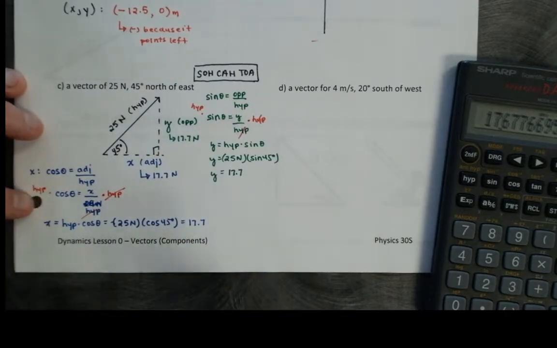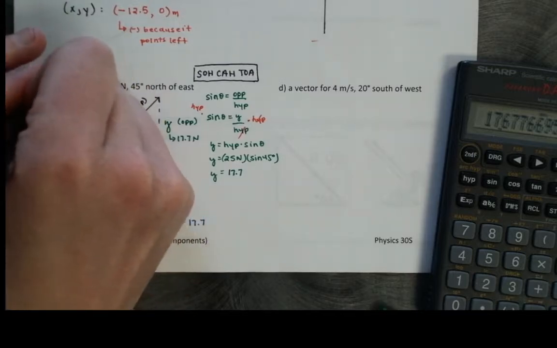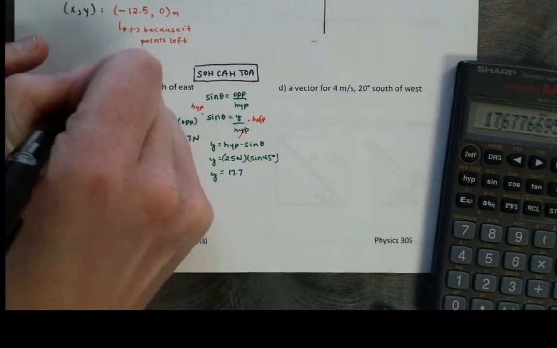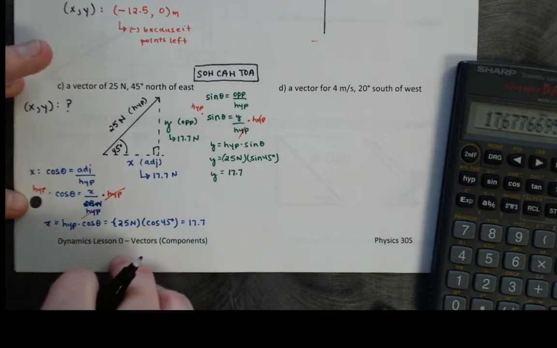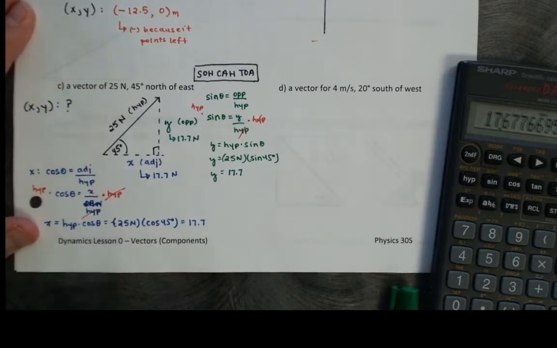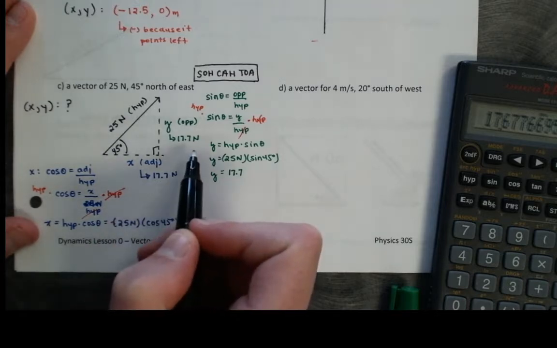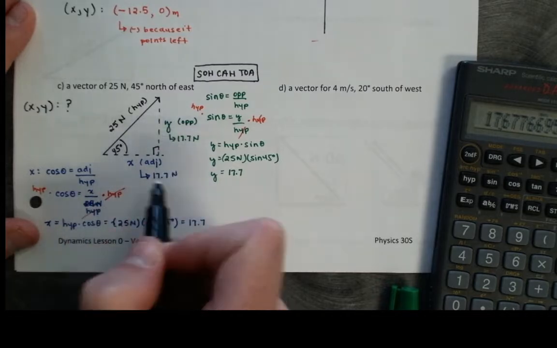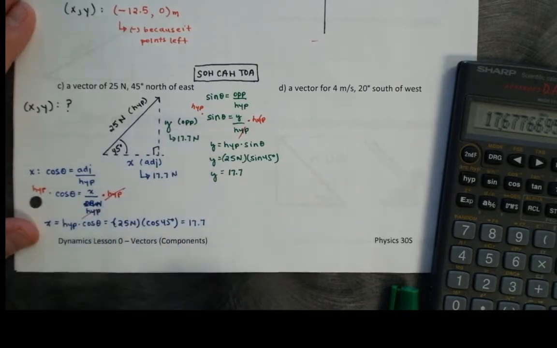Okay, so what we've done, x and y were hard to find in this case. We had to do trig to find our x and our y. Now we found that our x is 17.7 and our y is 17.7. Now they both go right and they go up. So both of those are positive.